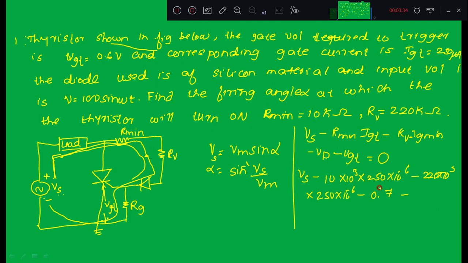VGT is given in the numerical as 0.6, equal to 0. If I solve this, Vs is 58.8 volts.